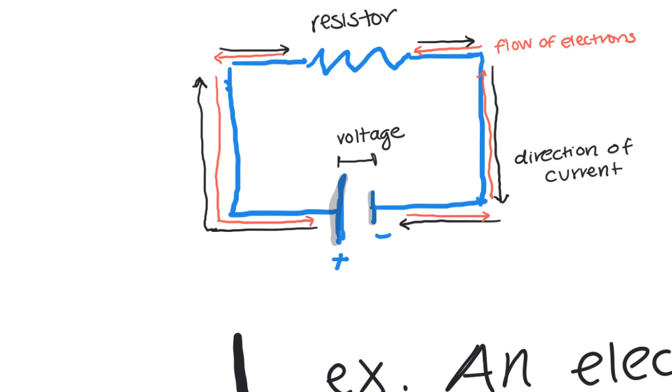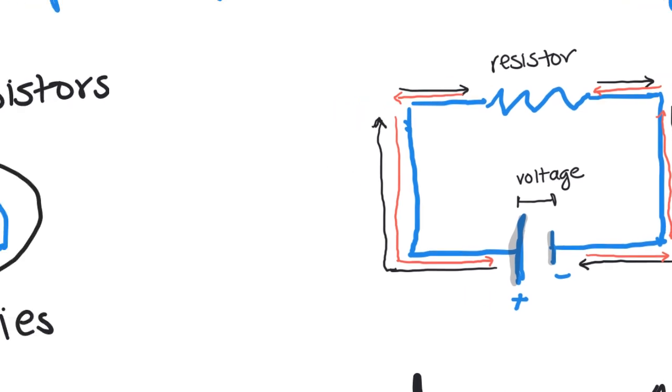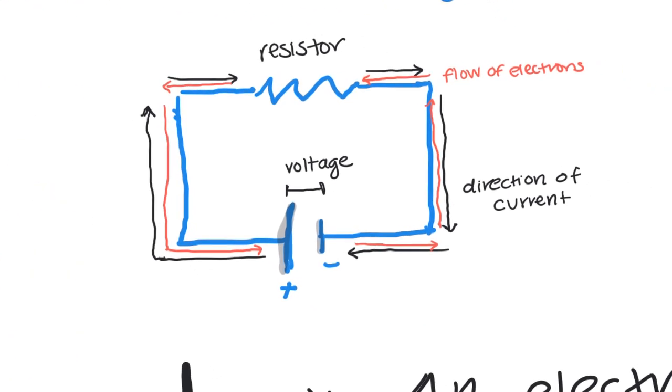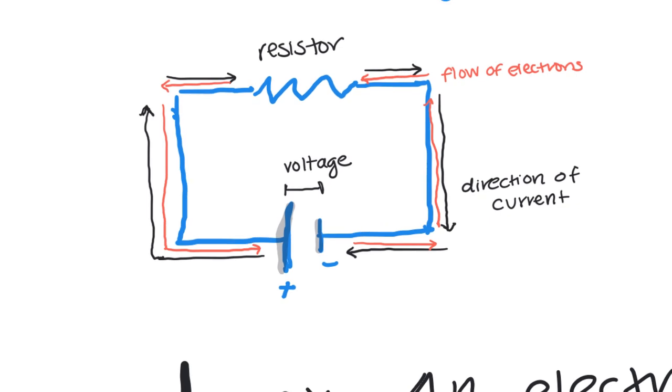We also label our resistors. We kind of do a zigzag line to label the resistor. That's just indicating, again, there's some resistance to the flow of charge in that circuit, which we're labeling with that zigzag line, taking the place of us having to draw a whole light bulb here. So that's our resistor in that circuit.